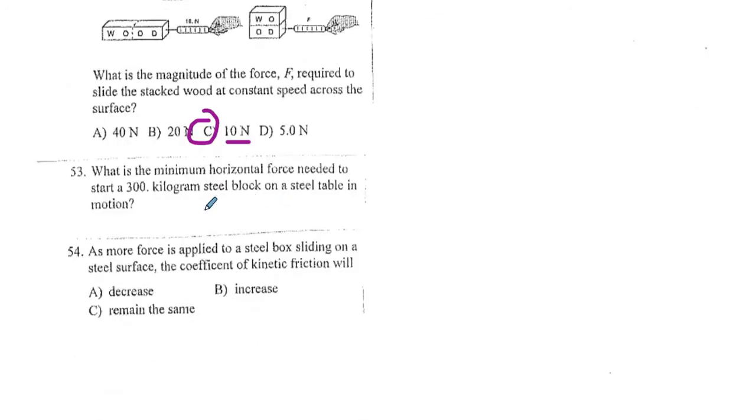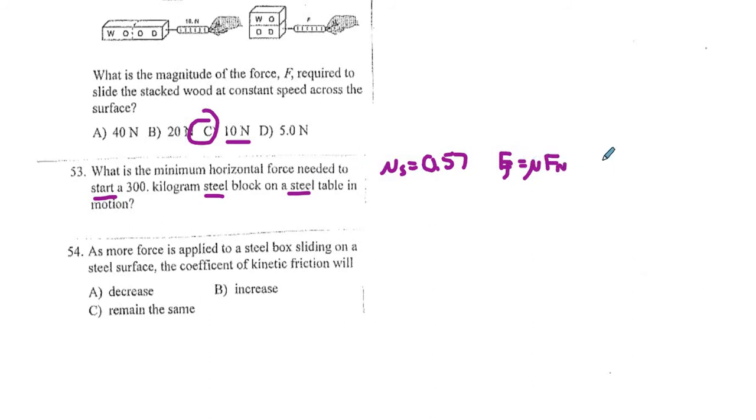What is the minimum horizontal force needed to start a 300 kilogram steel block moving on a steel table? This is not just extra information. Use the reference tables to find the coefficient. Minimum force needed to start it moving means it's not moving already, so the static coefficient of friction is 0.57 for steel on steel. And we have the fun equation, mu times the normal.